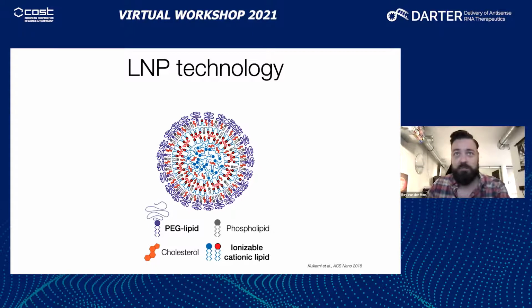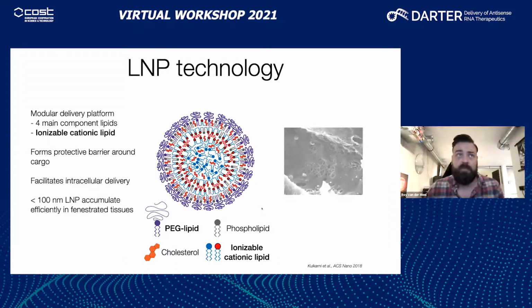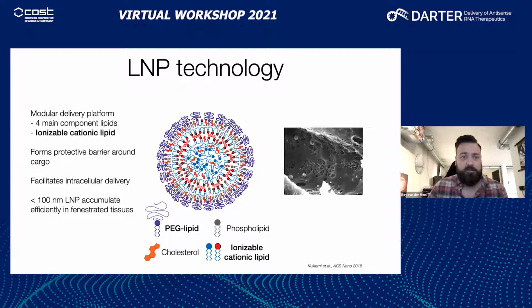You have the PEG lipid on the outside that mainly plays a role in particle formation and size, but also of course the particle stability once it's been produced. I will go into the PEG lipid a little bit more further along the line. And of course, the ionizable cationic lipid. The ionizable cationic lipid is key.